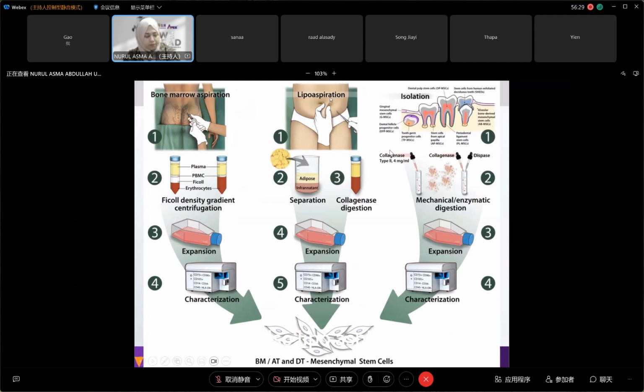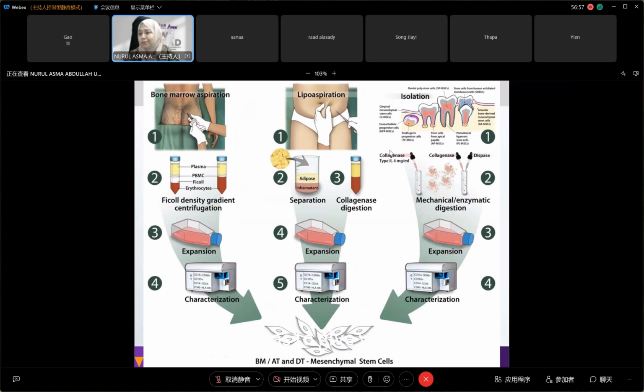And also lipoaspiration, this is also quite common. Whenever you want to collect from an individual or subject or human, you have to make sure that you have the ethics, meaning that you have to seek permission from the donor.